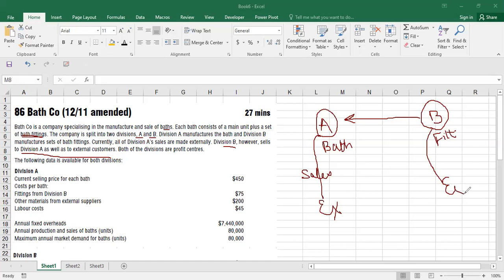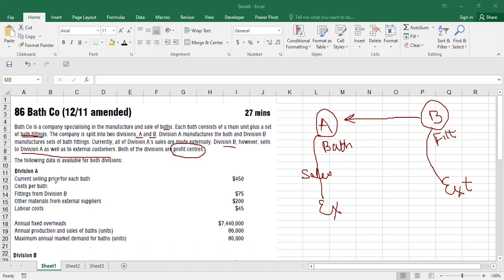So Division B has internal sales; A does not have any internal sale. Both of the divisions are profit centers, which means they are responsible for the profitability.